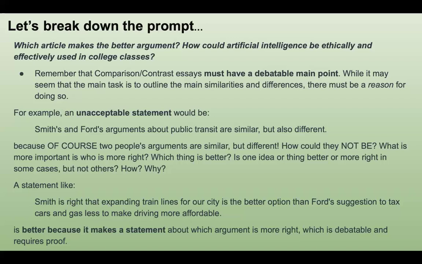Okay, so do you see the difference between those two statements and how it captures how you want to approach the essay? Yeah, I just want to reiterate that because it's very easy to fall into that trap with compare and contrast essays of just laying out the differences and similarities. And as we just stated, that's really not the goal of this essay. Okay.